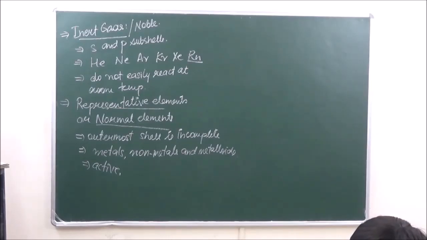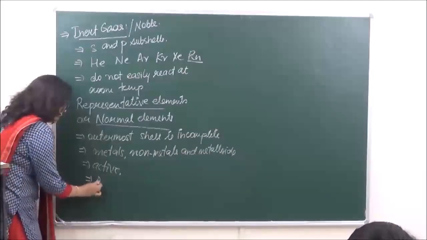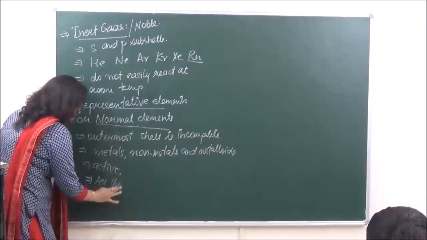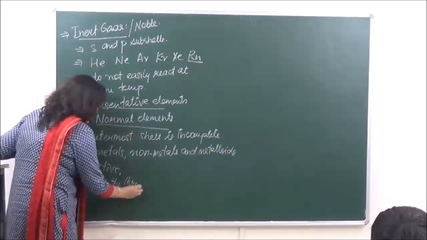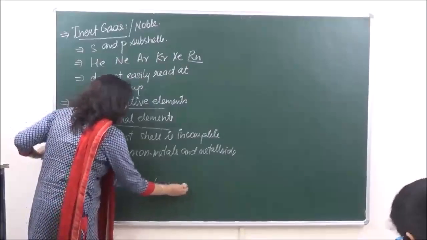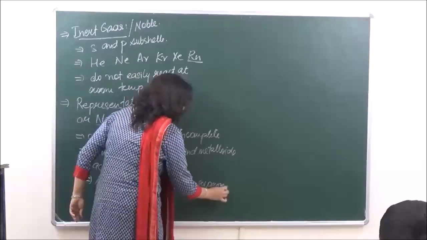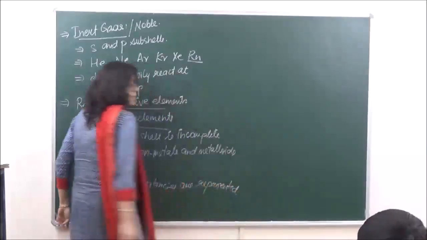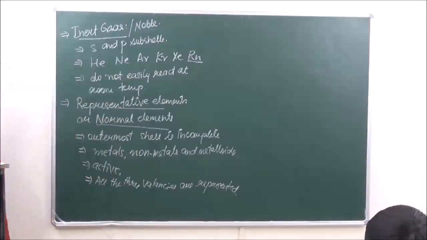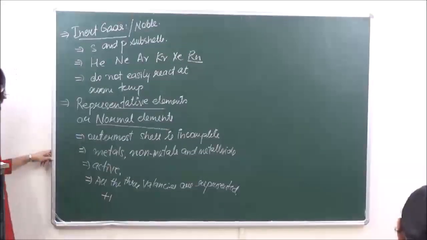Okay. Now in this type, we say that all kinds of valencies are represented. What are the three valencies? The first one is +1.